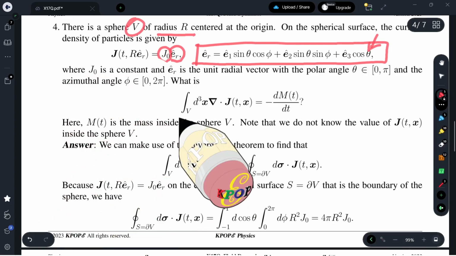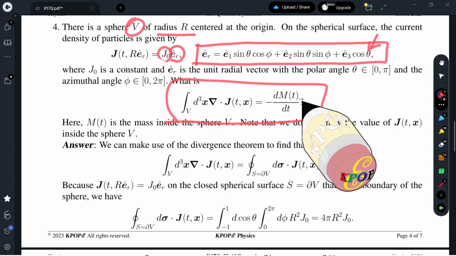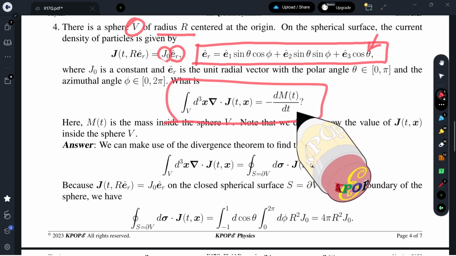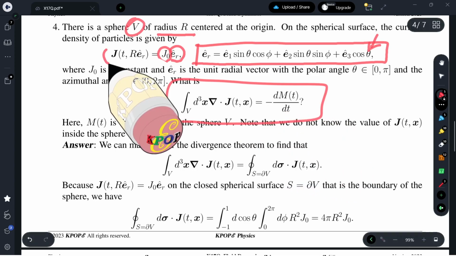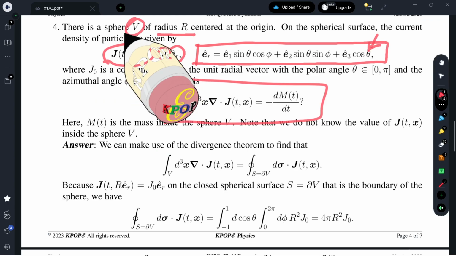So the question is, what is this? This is nothing but the continuity equation, but this is a different problem. We know the current on the surface of the sphere.